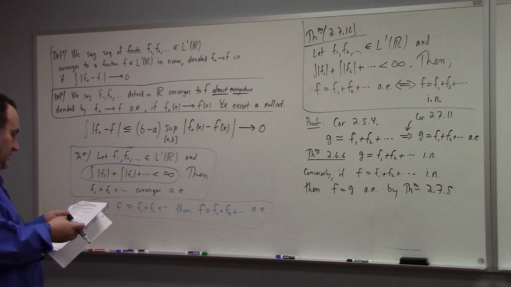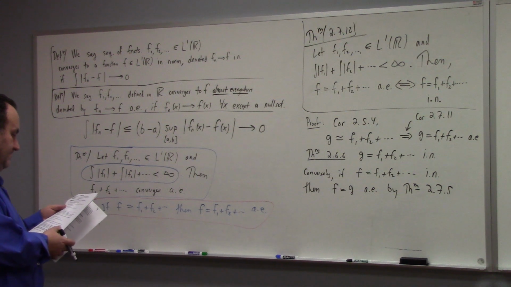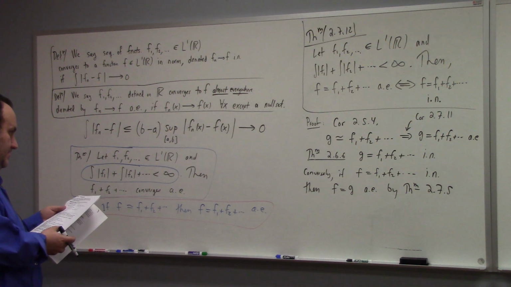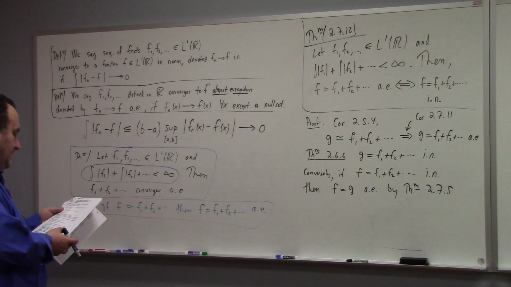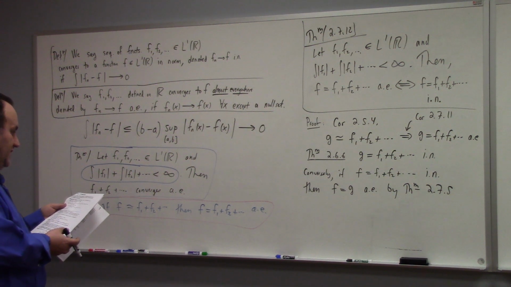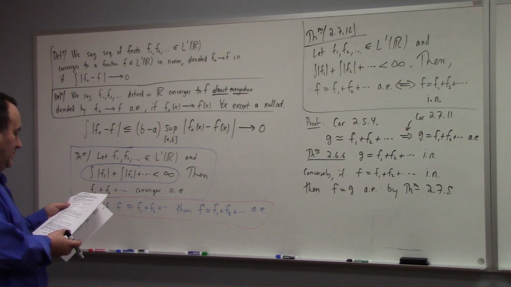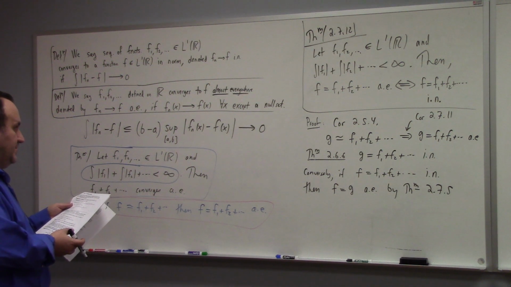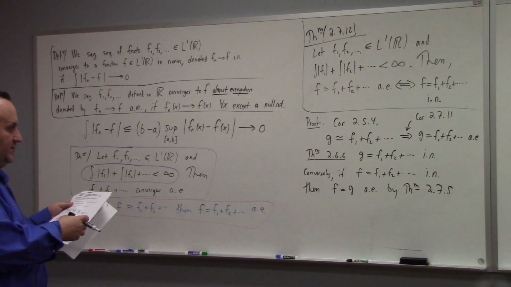Oh, g equals. How do we have fn goes to g in norm? I mean, certainly, we're assuming fn goes to f in norm.